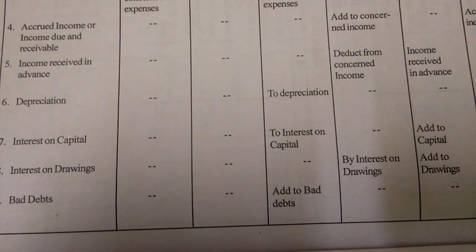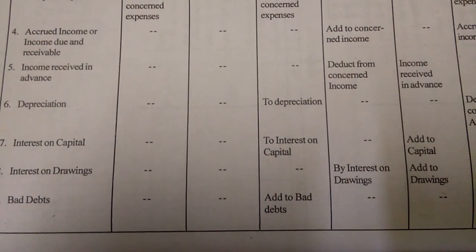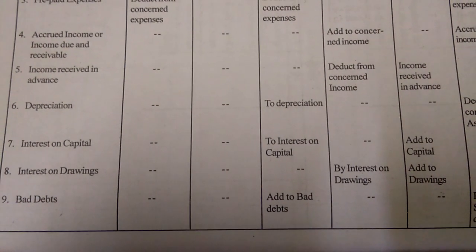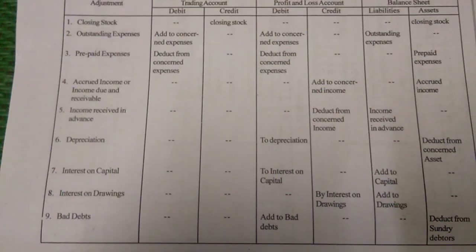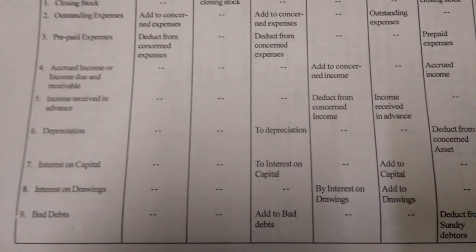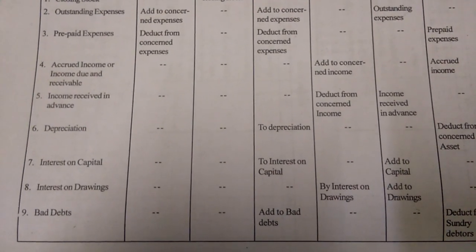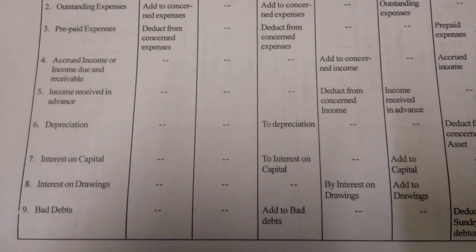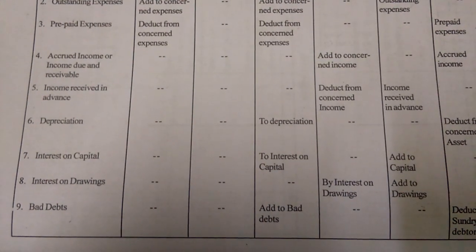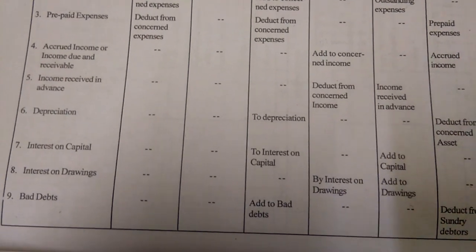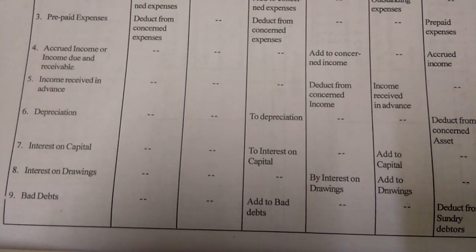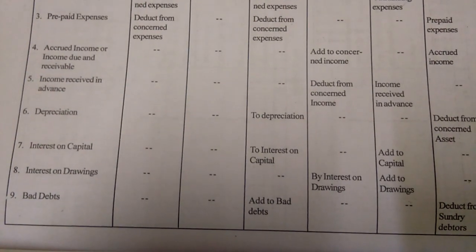Seventh one, interest on capital. In the profit and loss account, debit side write interest on capital, and in the balance sheet add to capital.